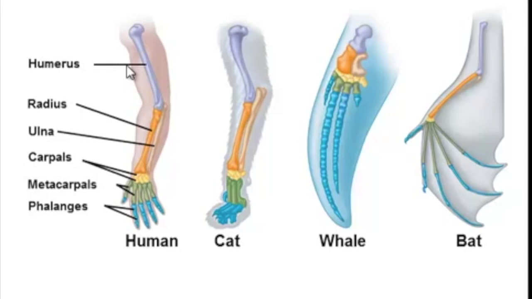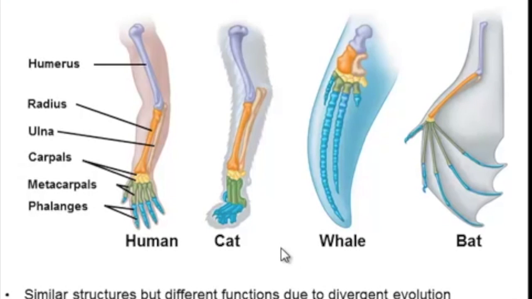All 4 of these animals have a humerus, in purple, a radius, in orange, an ulna, the tan color, and so on and so forth. Now, these structures have become adapted to different functions due to different environments, but the fact that the structure fundamentally is similar shows us evidence of common ancestry due to divergent evolution.